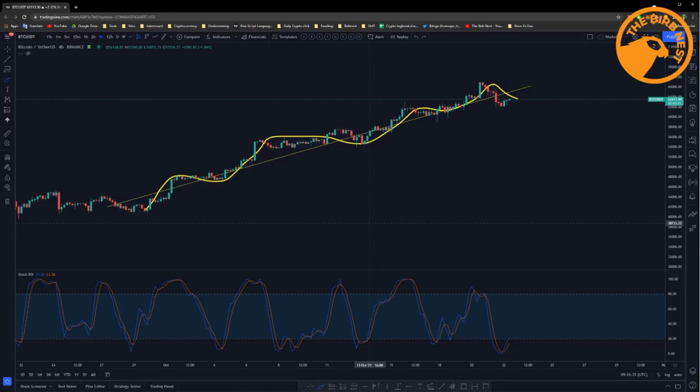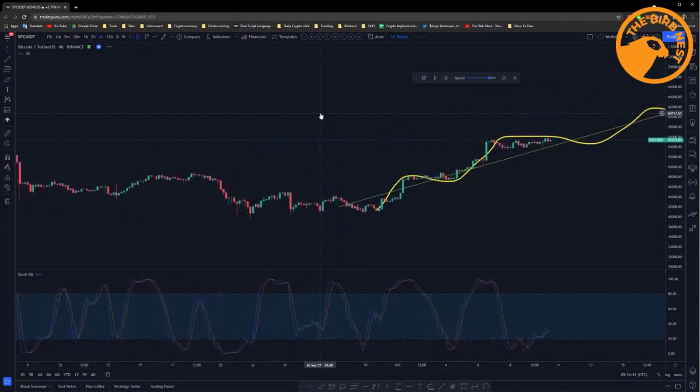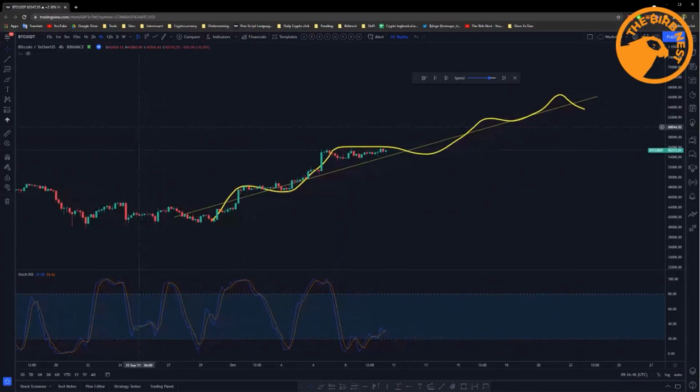So once we identify the trend, a line like this, even if it's over here, we could look for an entry, because we have that assumption that there could be a moment where the trend continues again.